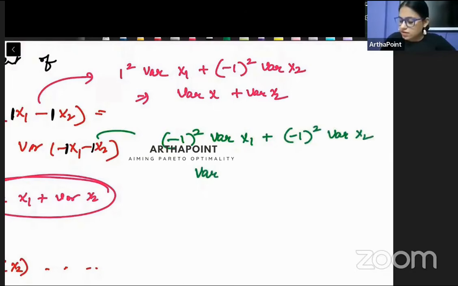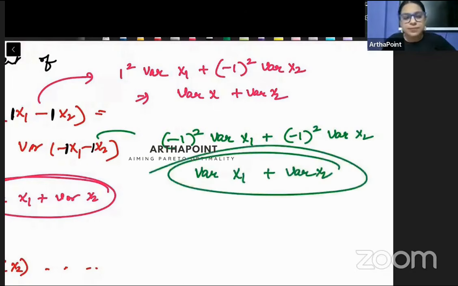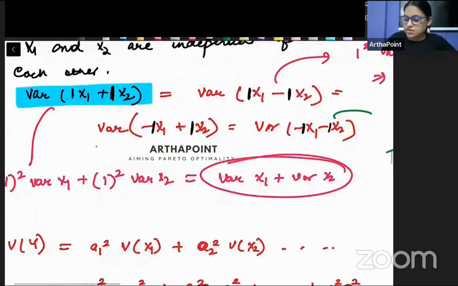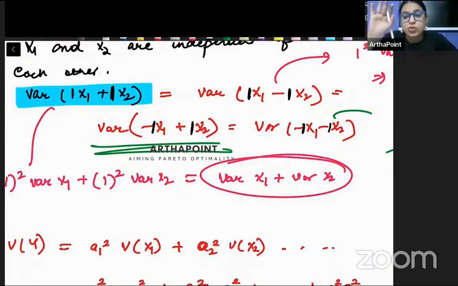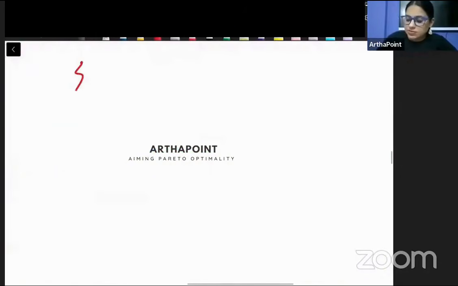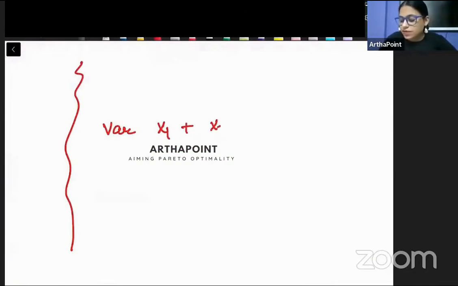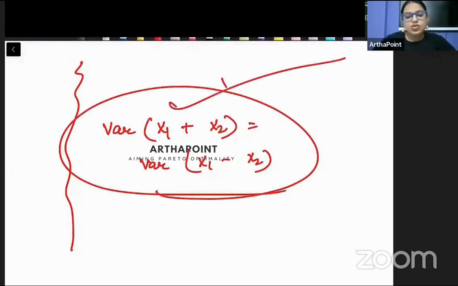So I will get variance of x1 plus variance of x2. Same happens in this case. Verify. So when x1 and x2 are independent of each other, we can go ahead and say that variance of x1 plus x2 and variance of x1 minus x2 will actually be equal to each other.